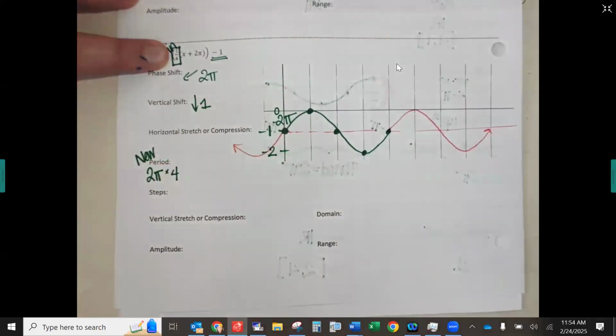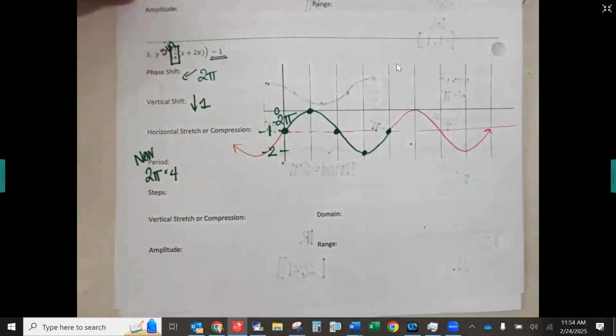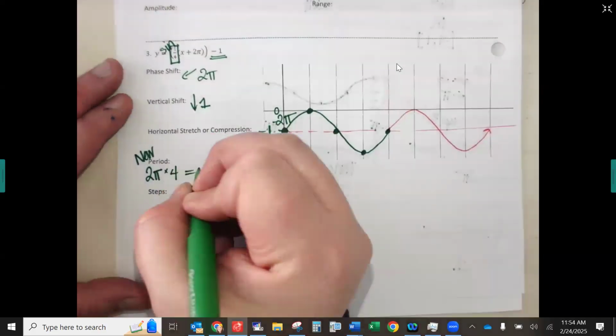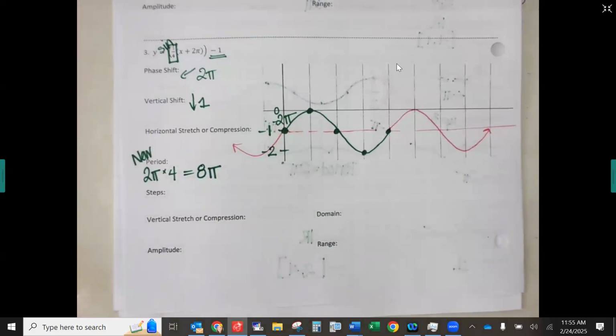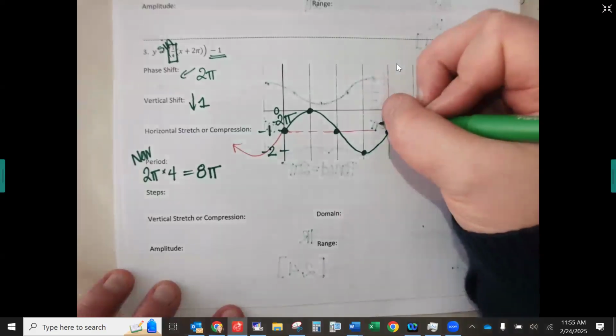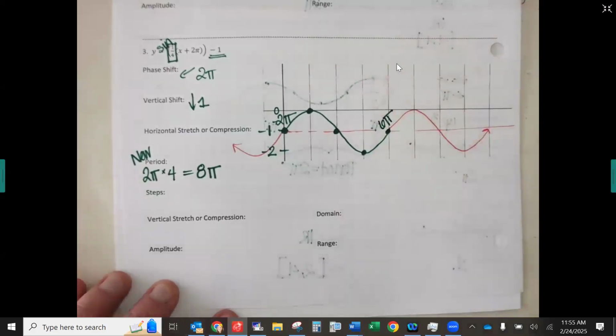Okay, so remember, because that 1/4 is in parentheses, that's telling me to divide by 4. The parentheses tell me to do the opposite. So 2 pi multiplied by 4 means what's my full period? 8 pi. And if I started at -2 pi and I added 8 pi, where would this wave end? 6 pi. Very good.